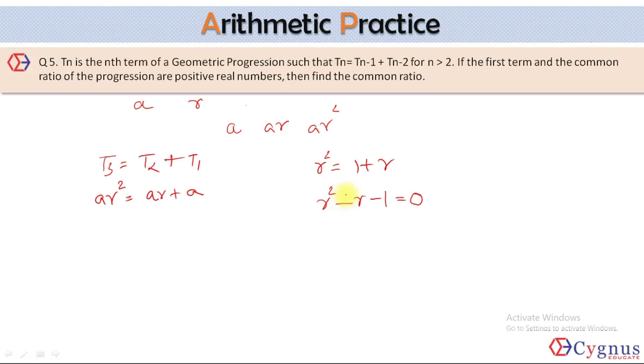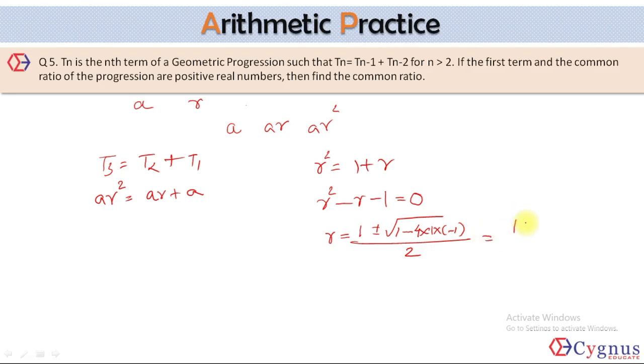We're looking for the value of the common ratio, and it's a quadratic equation. So if you try to find the values of r, you will get two values. r is equal to minus b, that is minus of this term, will give you 1, plus minus root of b square, that is 1, minus 4 into first term a, this is 1, into minus 1, divided by 2.